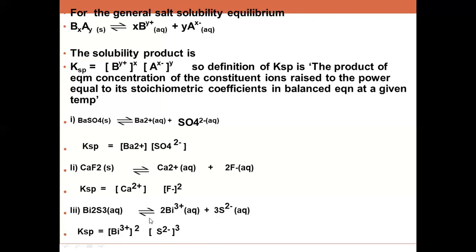This 2 goes to its power, and this 3 is the coefficient for the S, and it goes to its power. Therefore the solubility product of this equilibrium reaction is Ksp equal to Bi3+ to the power 2 and S2- to the power 3.